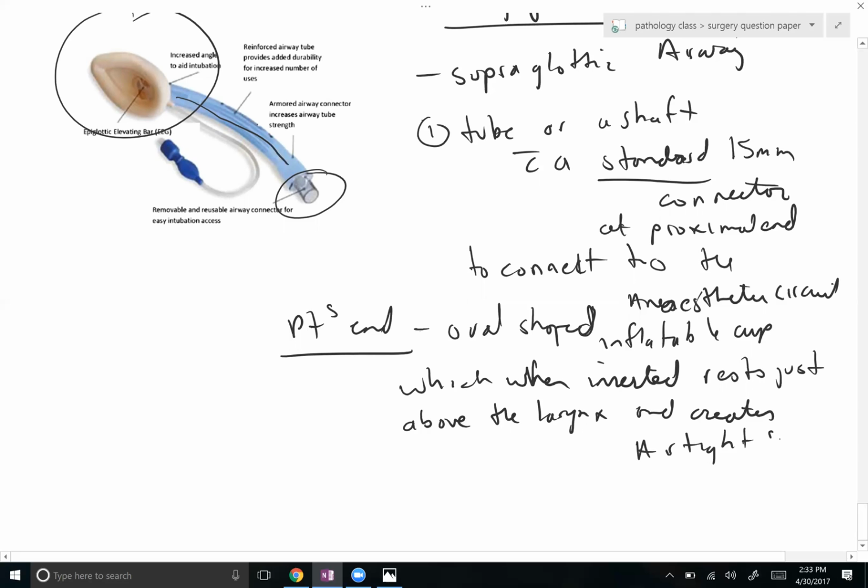So the laryngeal mask has an inflatable cuff which, when inserted just above the larynx, creates an airtight seal.